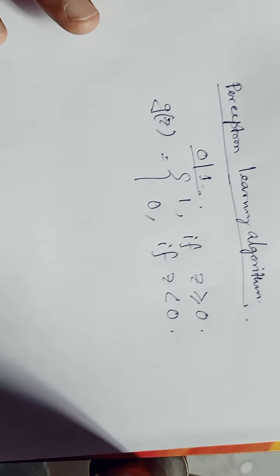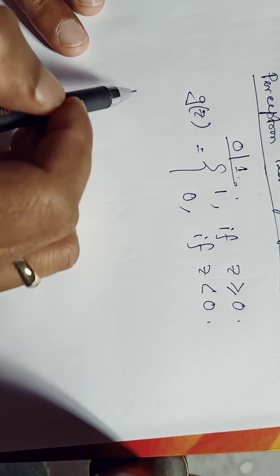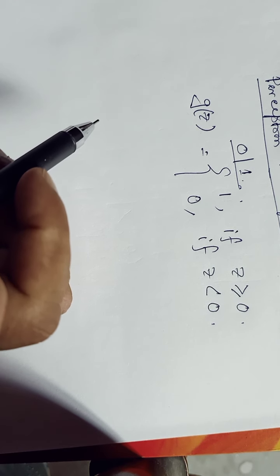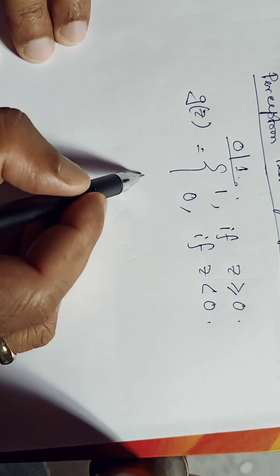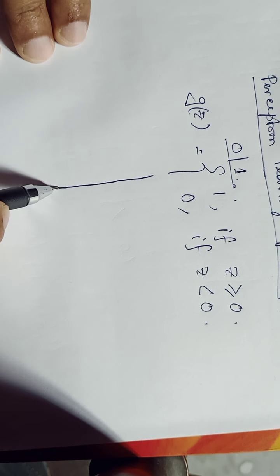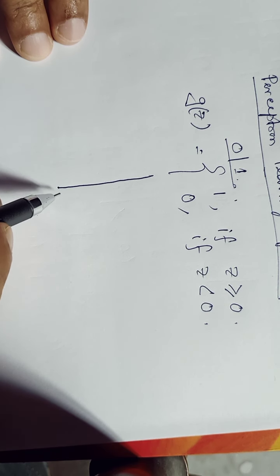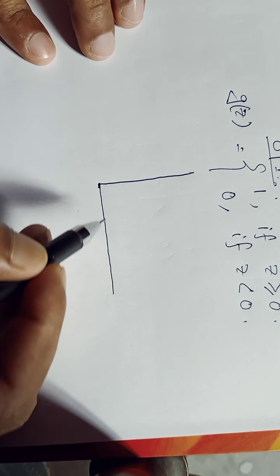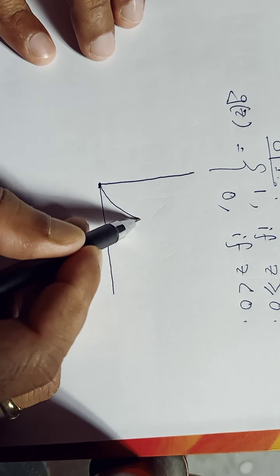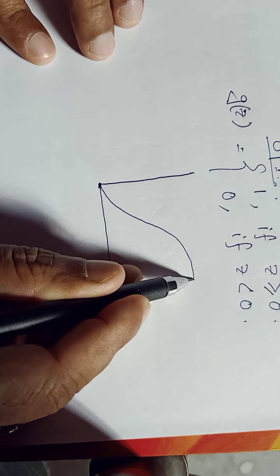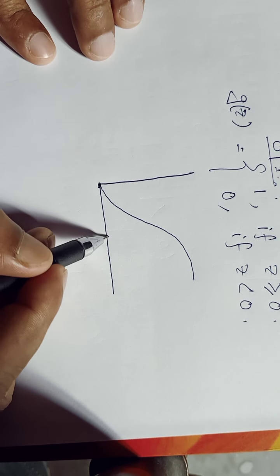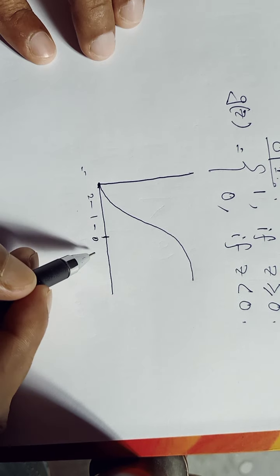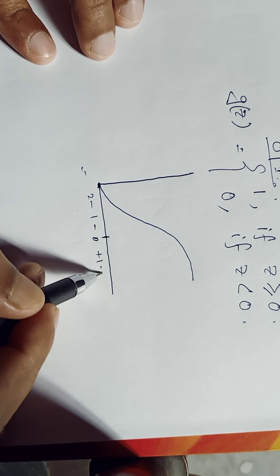Now you can ask why we have used this sigmoid function for this classification rule. Because if we plot the sigmoid function, you will get a curve like this, and it always gives positive values, that is the main thing. Let this be 0, and this is -1, -2 and so on, and this is +1, +2 and so on.